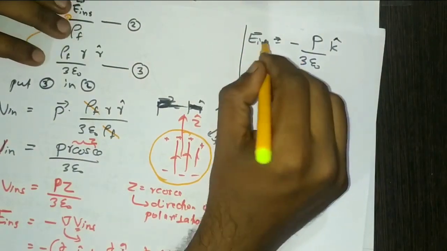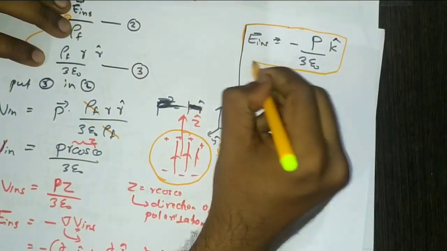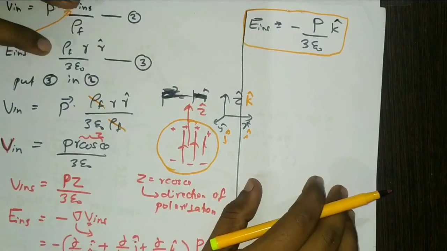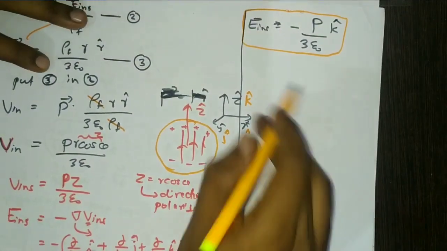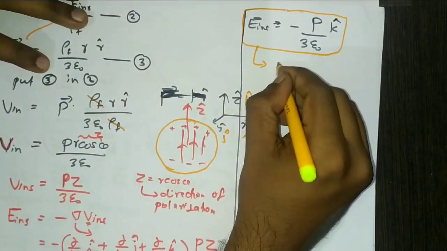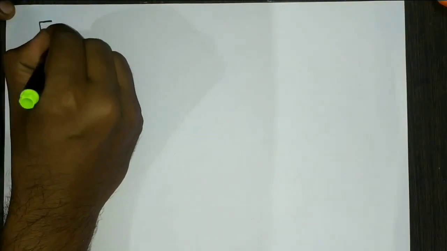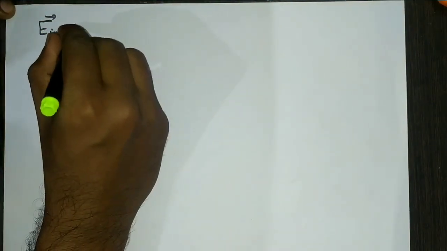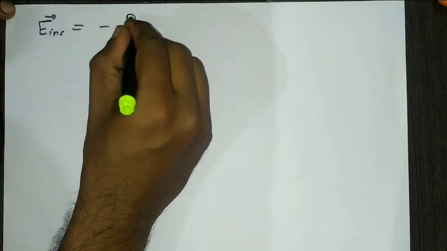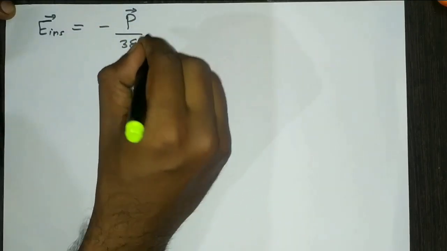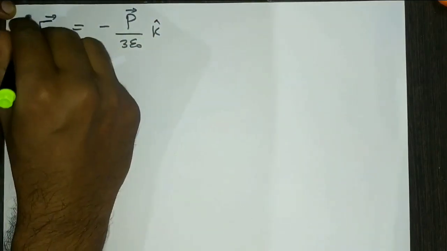Now let us say this is the electric field produced inside the uniformly charged sphere. We obtained the expression for the electric field inside the polarized material: minus polarization P by epsilon 0 k cap.